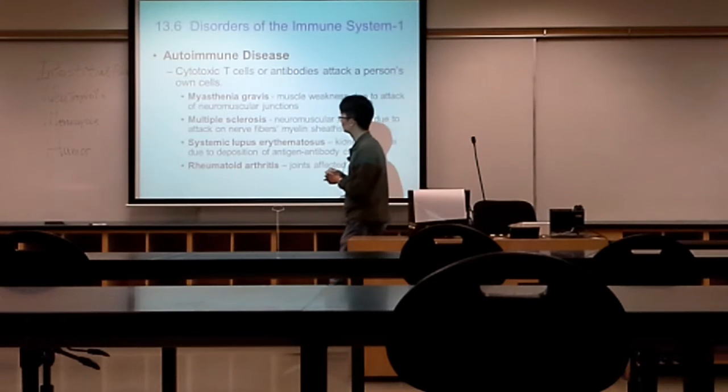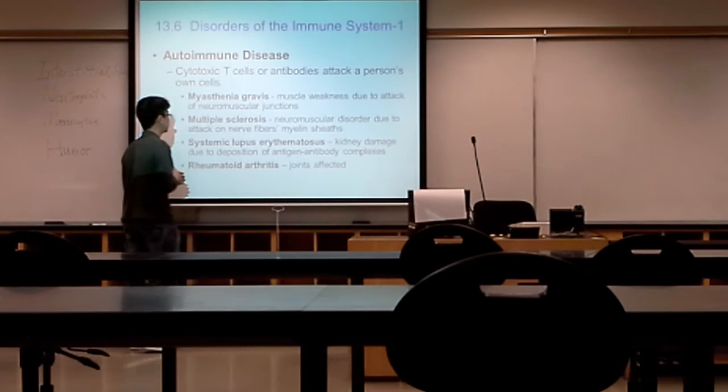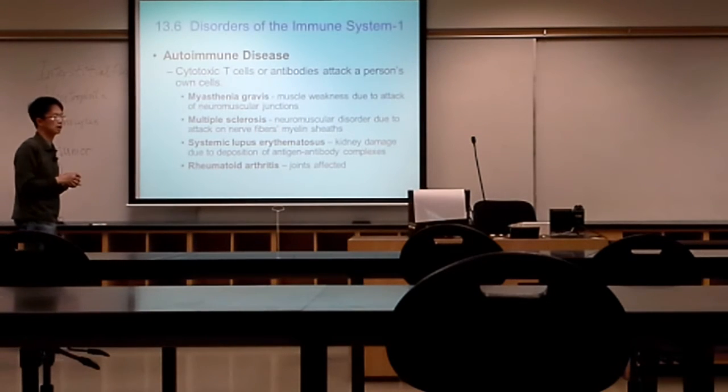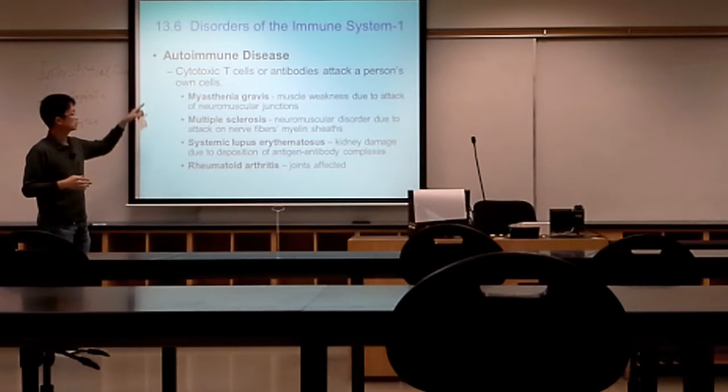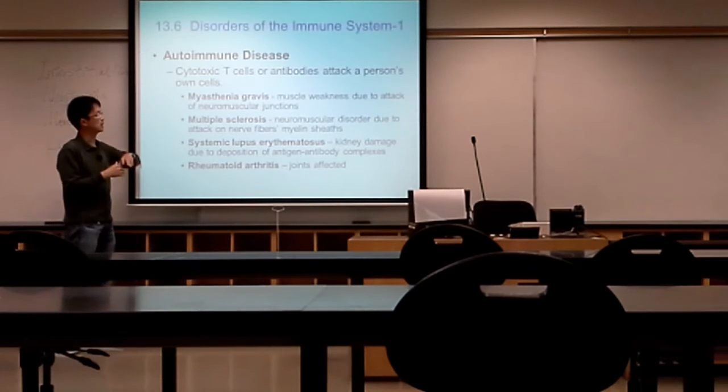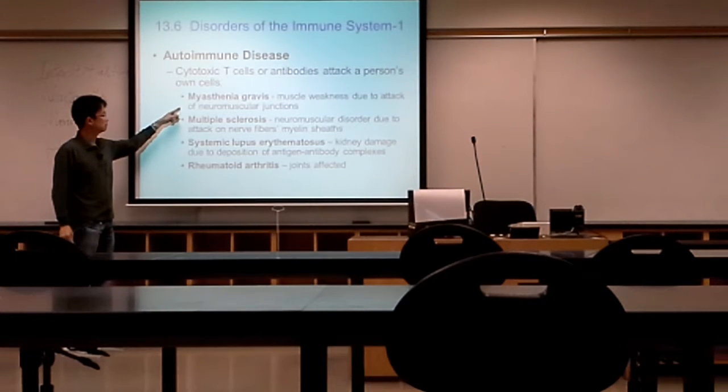Autoimmune disease. Okay, this is the part that we focus on, because a lot of human diseases are based on autoimmune system malfunction. So the cytotoxic T cell or antibody attacks a person's own body tissues. Myasthenia gravis.